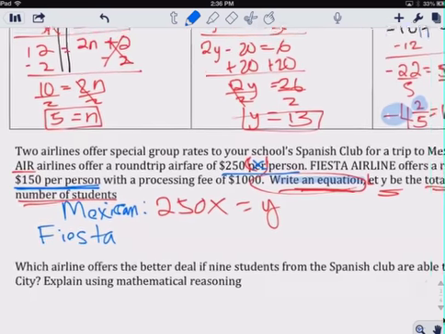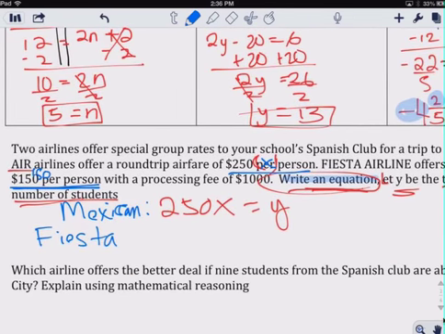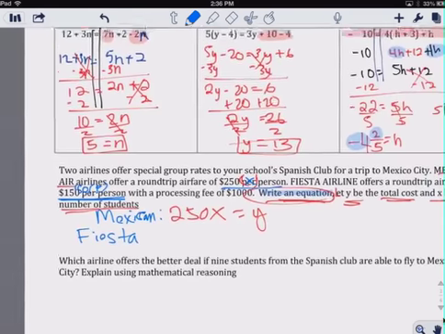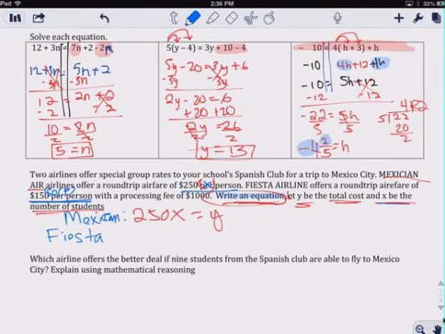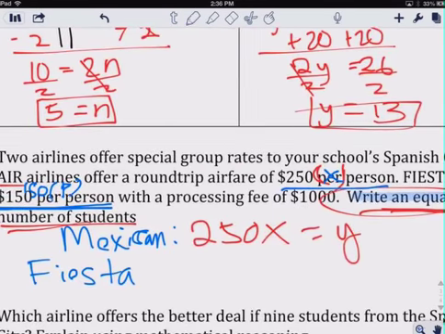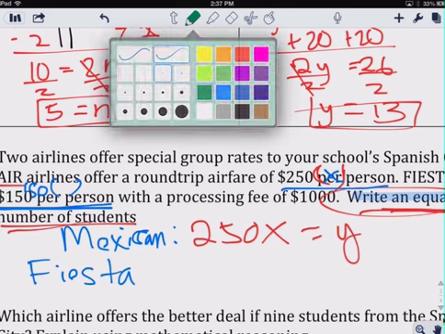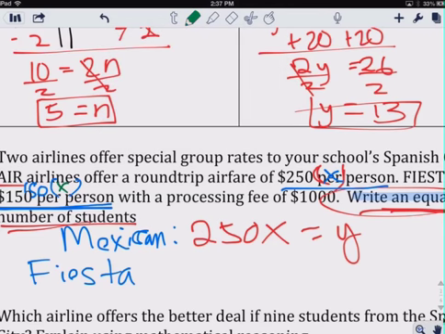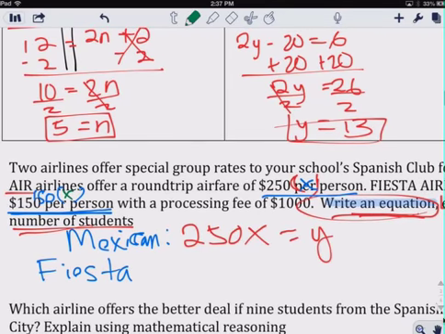So 150 per means times p, but they say to use x for the number of students. So instead of p, you put the variable x right here. They have a processing fee of $1,000.